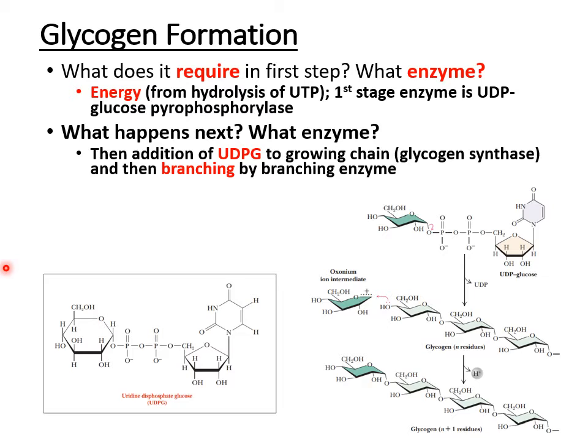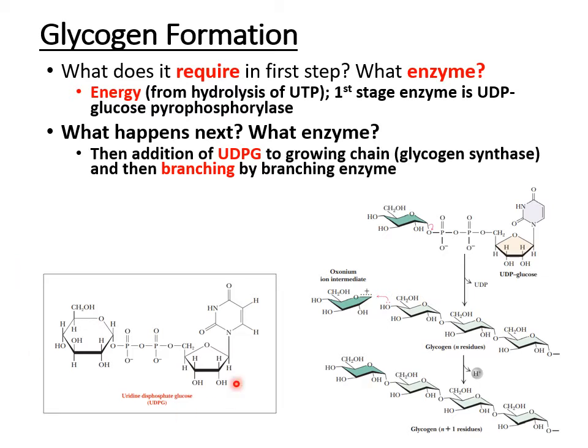In the first step of glycogen formation, you have glucose 1-phosphate, which we've mentioned before in the previous slides, that will react with the UTP to form what's called uridine diphosphate glucose.